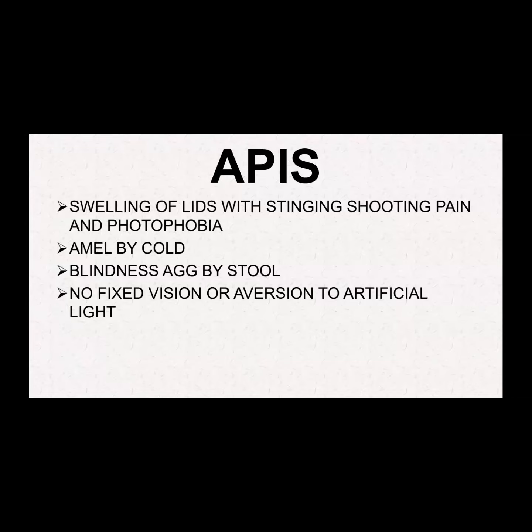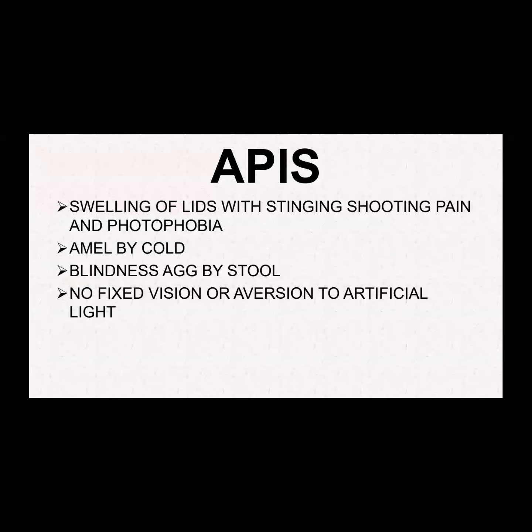And the modality in Apis is that it becomes ameliorated by cold. The most prominent medicines which we differentiate in eye cases are Apis and Arsenic. In Arsenic, the patients are ameliorated by warm things, and in Apis they are ameliorated by cold things.